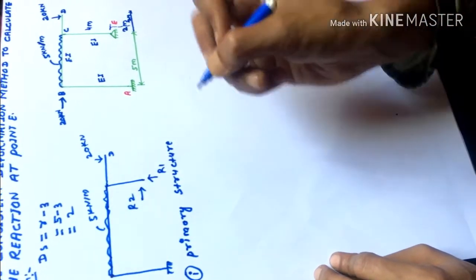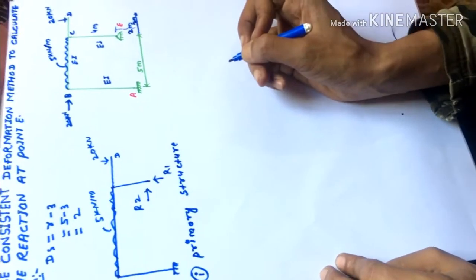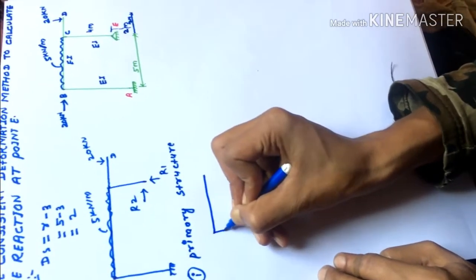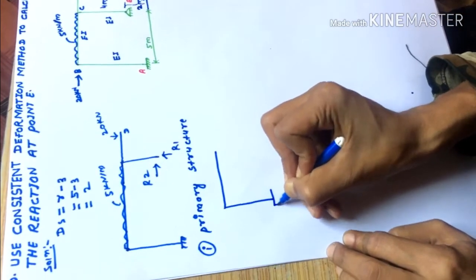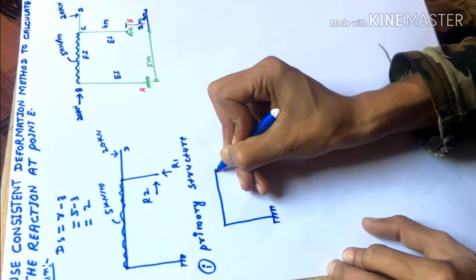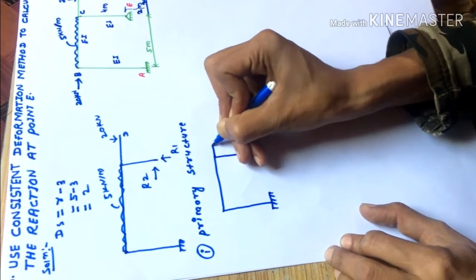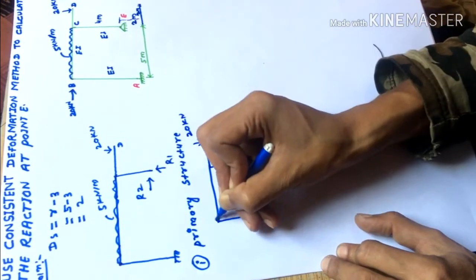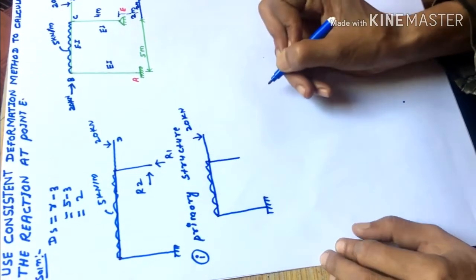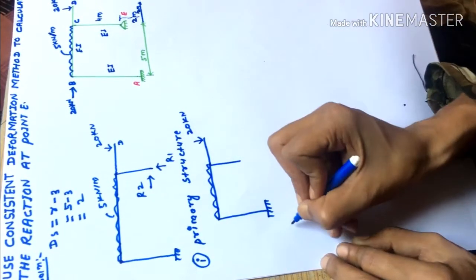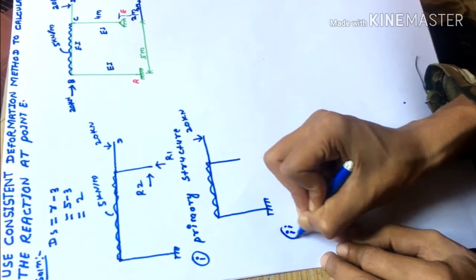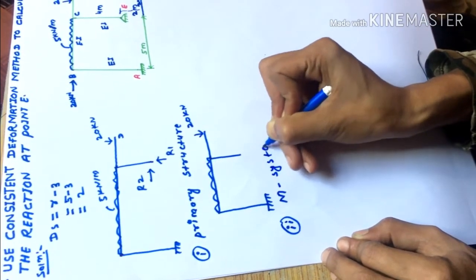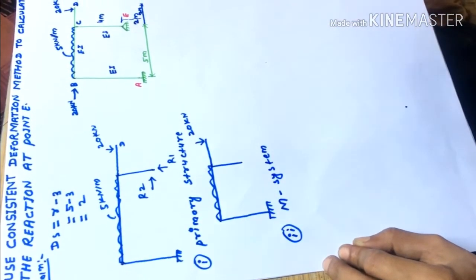Also at step 2, let us redraw this figure. This is the fixed support. This is figure 2, known as the Young system.